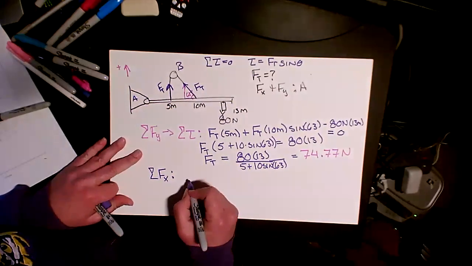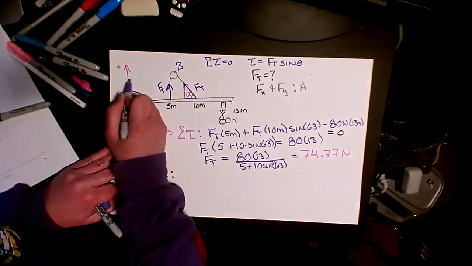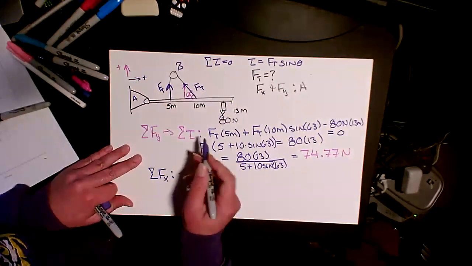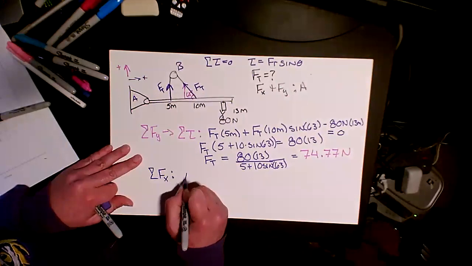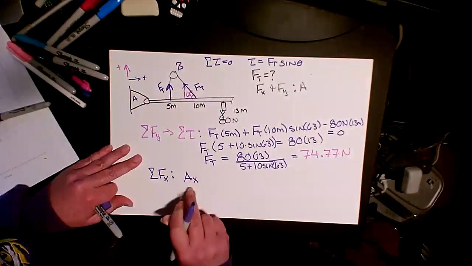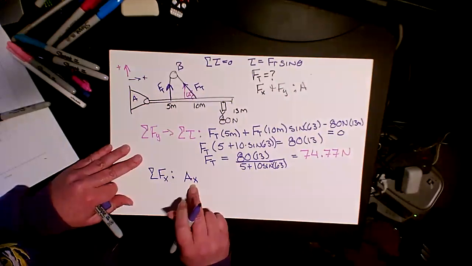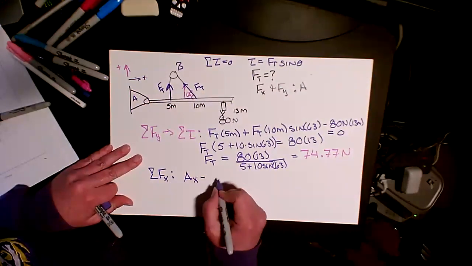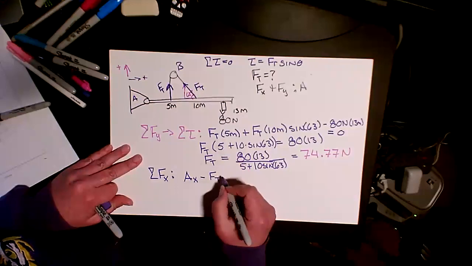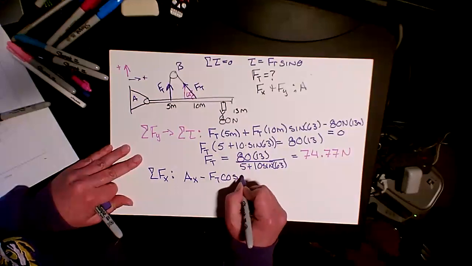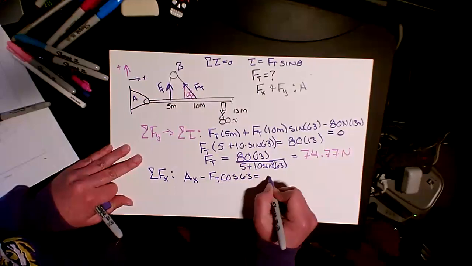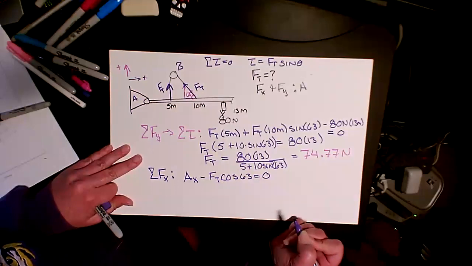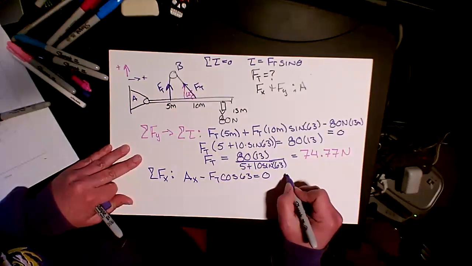So let's see. If I go that way as positive, that will give me the force in the X of A minus the force of tension times cosine of 63 equals 0 for this to stay static.